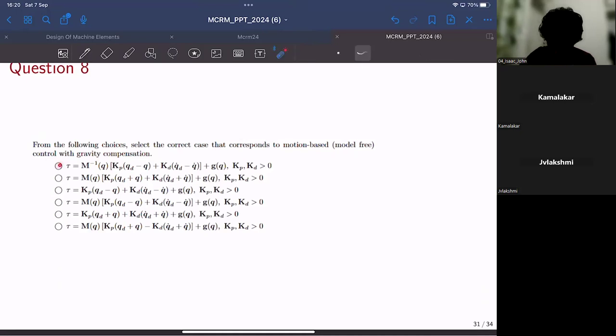So we can eliminate options 1 and 2, 4 and 5. Out of which, this is obviously not correct because Kp is the difference between q desired and q actual. It takes the sum. These are obviously not the error terms. That leaves us with option C, because Kp is proportional to the error and Kd is proportional to the derivative of this error. So that makes option C the correct answer.